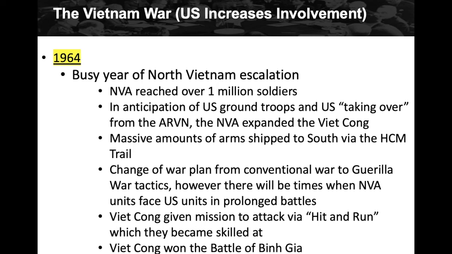The Viet Cong were given the mission to attack via hit and run, which they became very skilled at. And then in 1964, the Viet Cong won the Battle of Binh Gia. That was of great importance for the Viet Cong, who were like militias. They're now beating the South Vietnamese army.